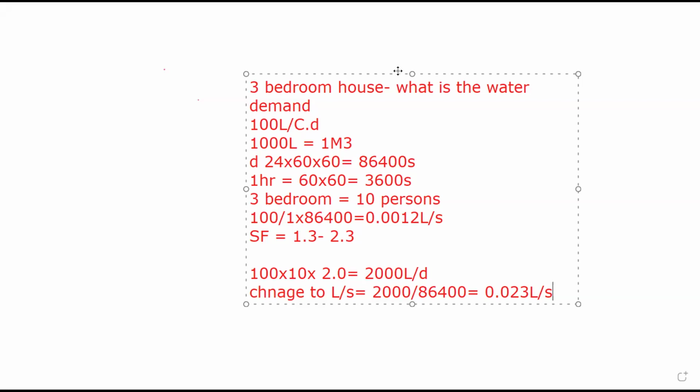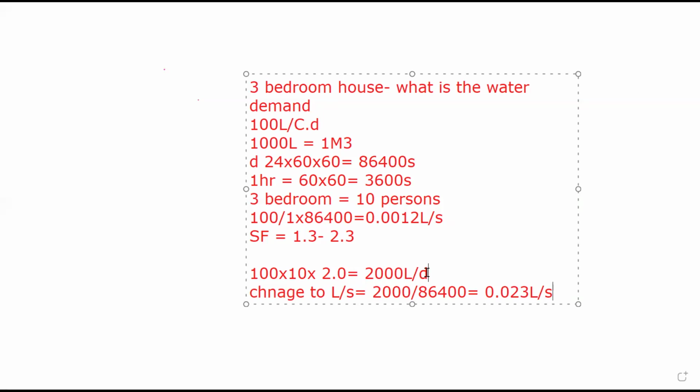Okay, good. Now, the idea is that it is this value that you use to determine your pipe size, because you need this water to flow to this tank through this pipe. So what size of pipe can deliver 0.023 liters per second? You no longer use this 2,000.